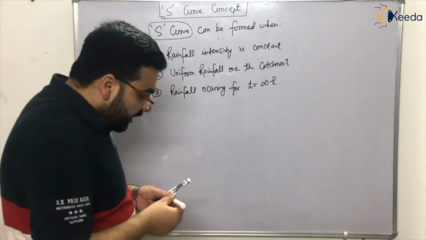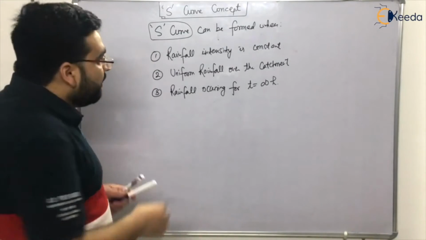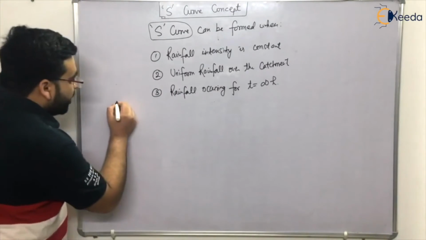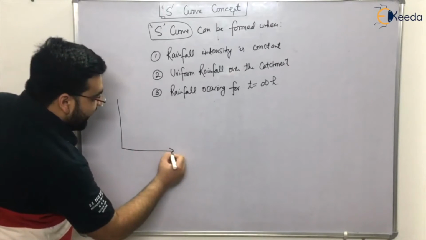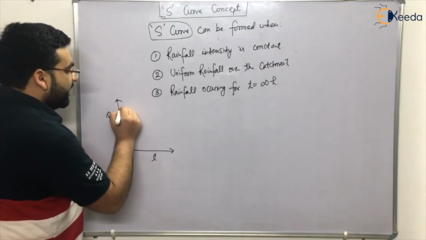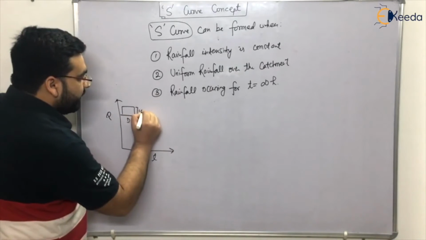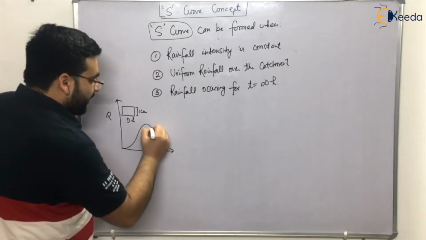Okay? Now let me make you understand how the S-curve is formed. Let us say I have given you a unit hydrograph, Q versus time, of D_R duration, for 1 centimeter. This is the unit hydrograph.